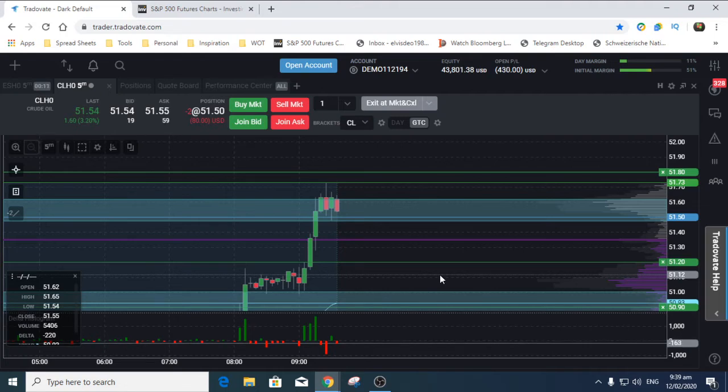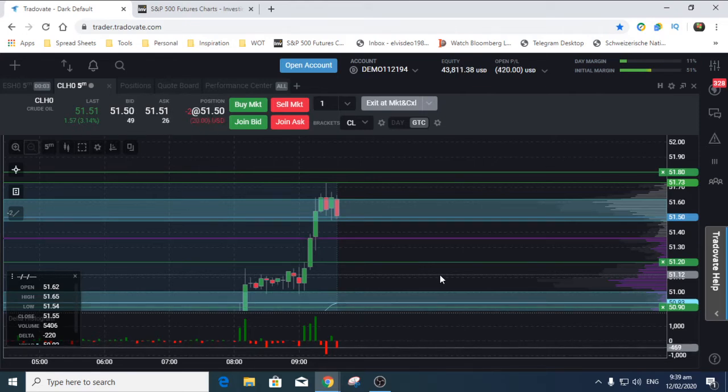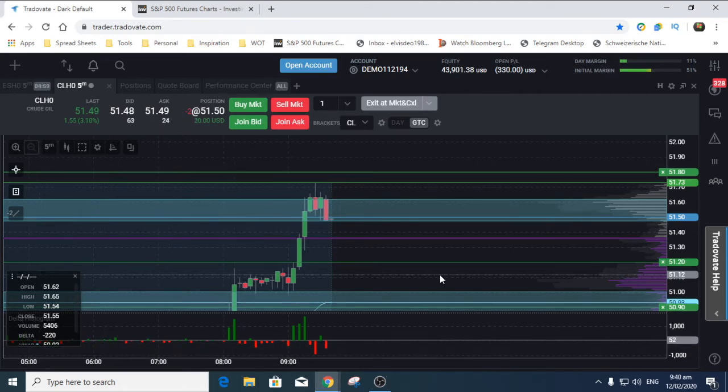Primary execution time on the ES, on ES we look at 10 a.m. as primary execution time.